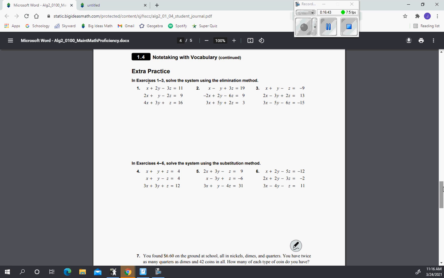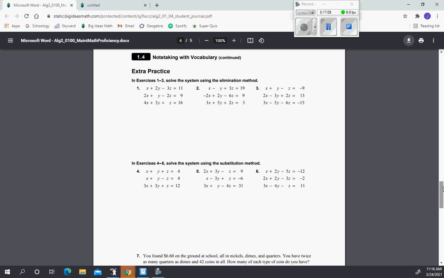How about y? 2y, y, and 3y. No opposites there. How about z? Negative 3z, negative 2z, and positive z. No opposites there. Okay, so we have to come up and manipulate this.